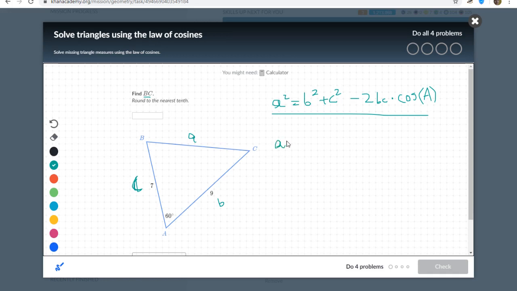We don't know what little a is, so we're just going to write it down like this. We do know what little b is, which is 9.